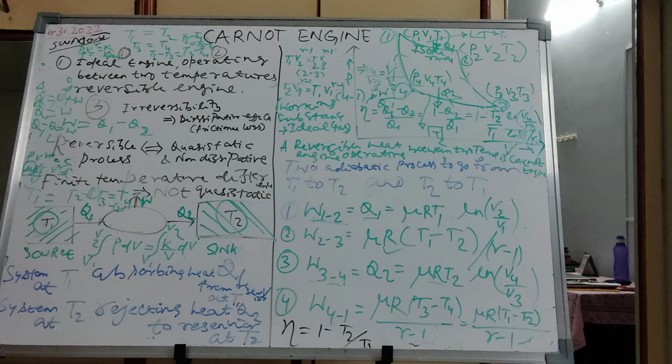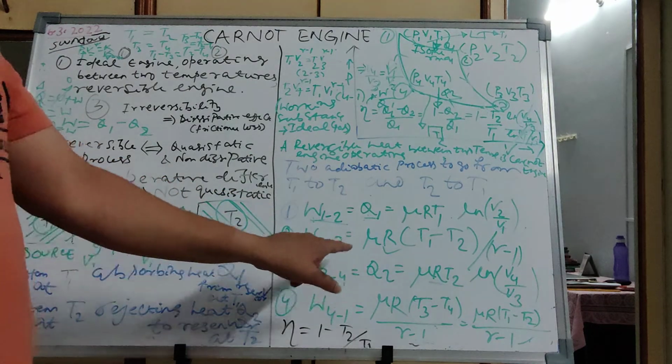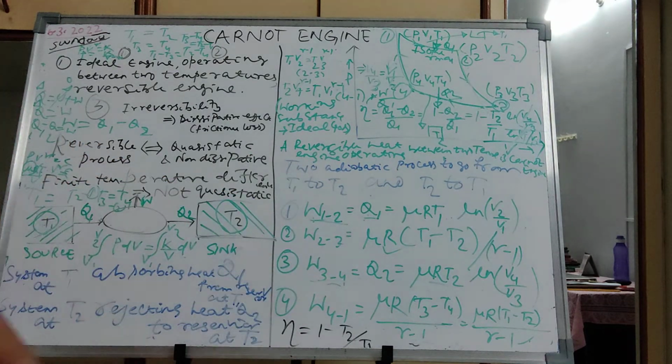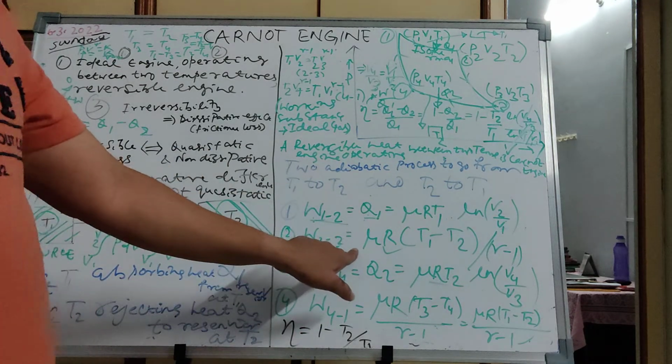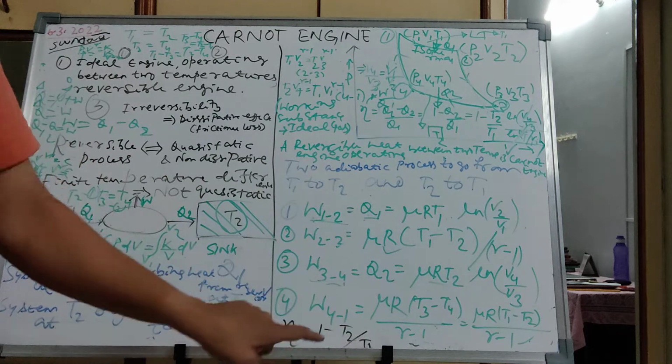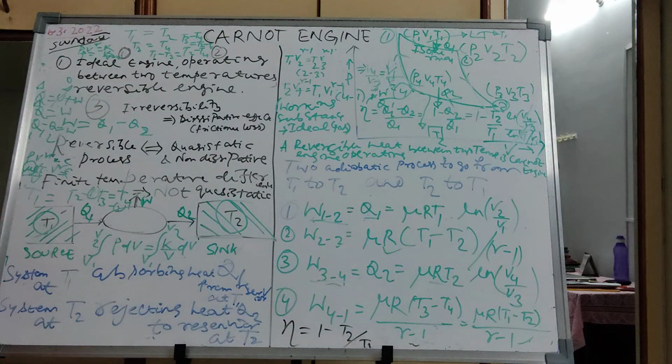Will you be able to derive the efficiency of the Carnot engine now? See, there is some work done at each process 1-2, 2-3, 3-4. And we have proven that work done in 2-3 is equal to work done in 4-1. In the adiabatic processes, one is expansion, one is compression, so those two works will cancel out each other, right?